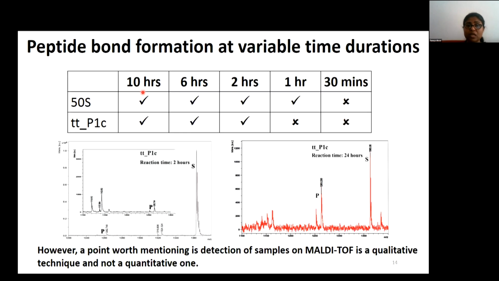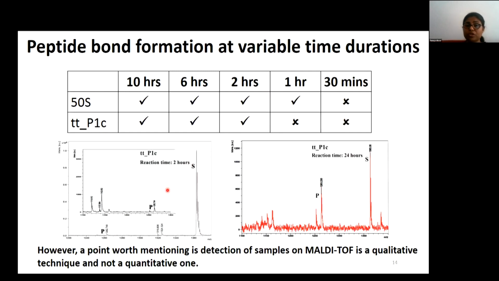Later on, increasing the time to 1 hour, 50S was able to form the product which was detectable on MALDI, but not our RNA construct. At all the higher reaction times, every time they could form a product.